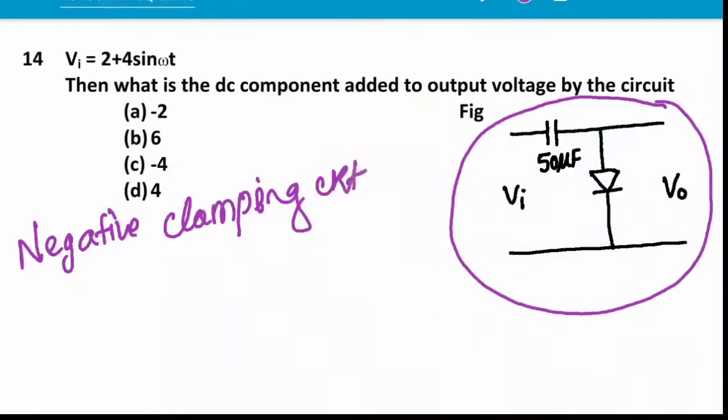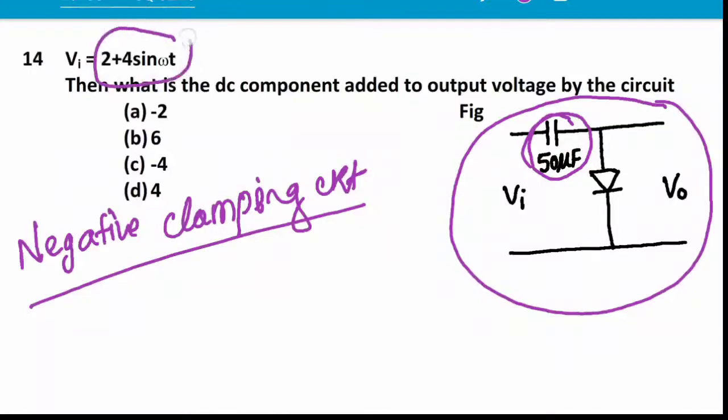This is a negative clamping circuit. There is a capacitor, and this will block the DC input. So the input is 2 plus 4 sin omega t, and this will block the 2.